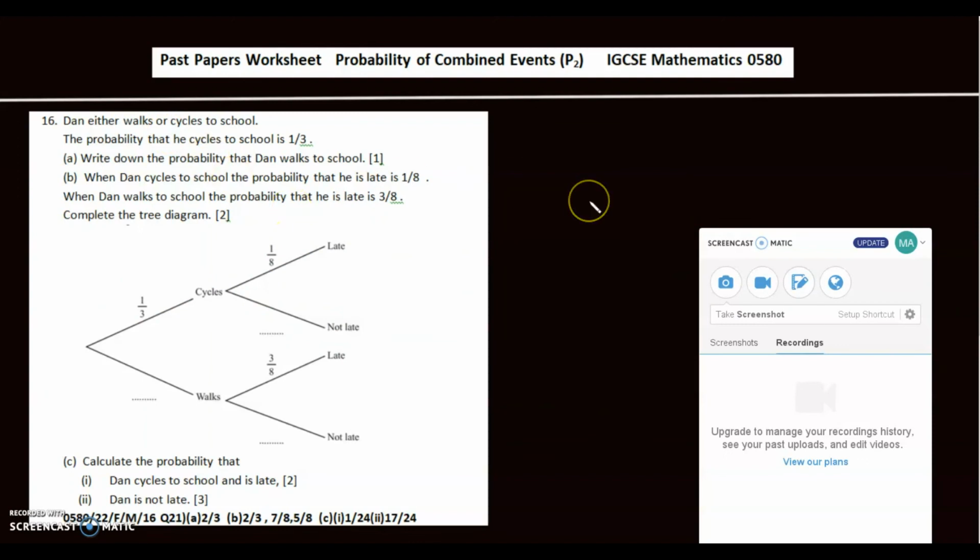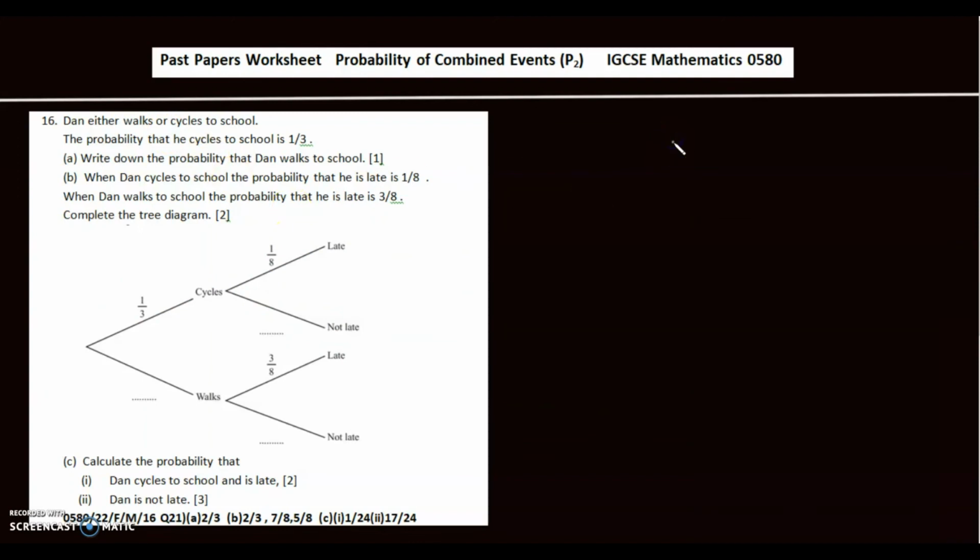Next question. Dan either walks or cycles to school. The probability that he cycles to school is 1 upon 3, which actually means that the probability that he walks to school is 2 upon 3. Remember, in a tree diagram, the sum of the probabilities on a branch, 2 connected branch or 3 connected branch or 4 connected branch would be 1.